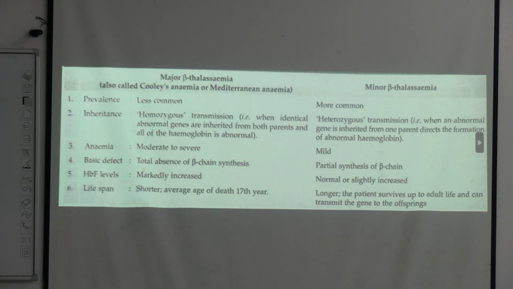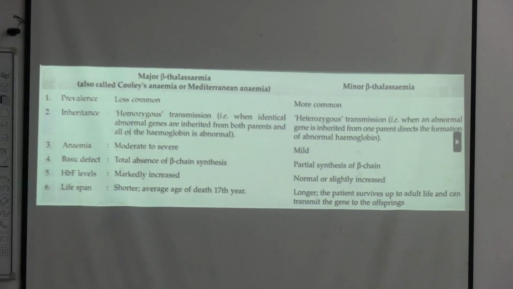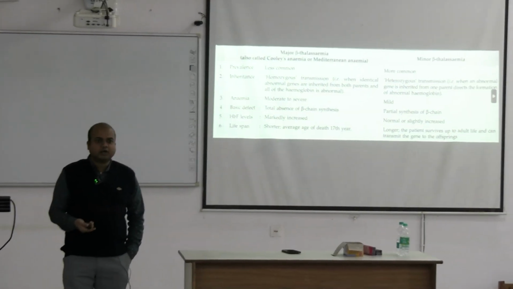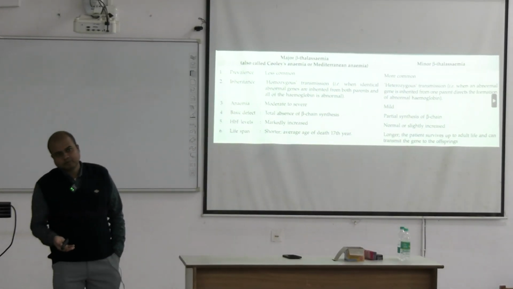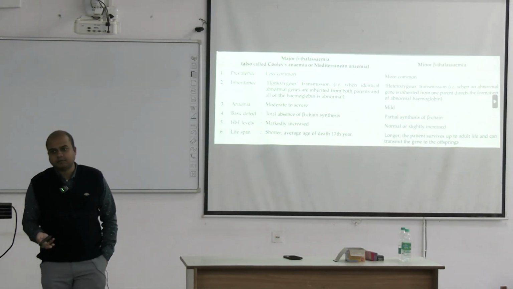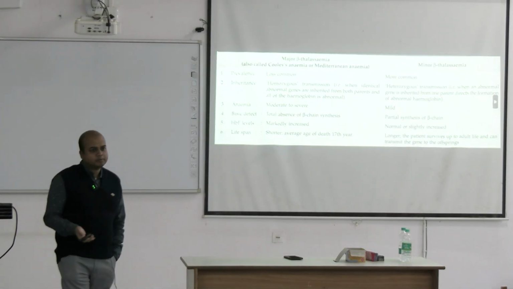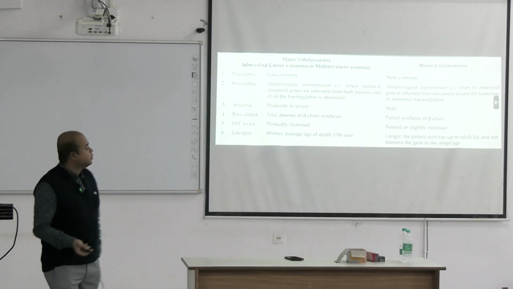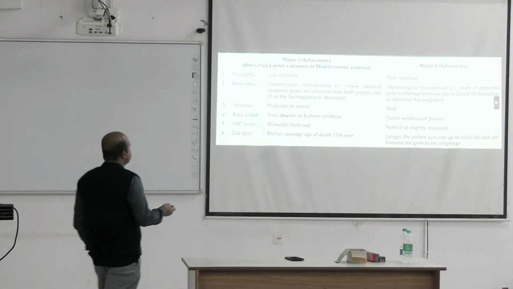Quality of life is very poor, and it is fatal within 2 decades, maybe 3 decades at most. The person won't live beyond 2 or 3 decades. So that's the sad part.